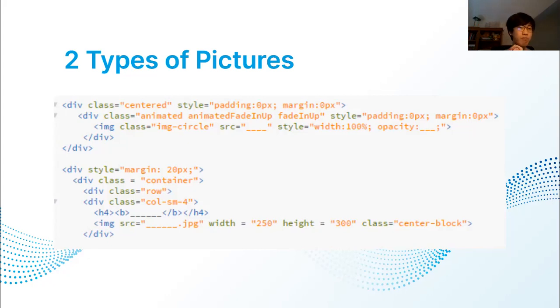Just mess around with these and try to see exactly what changing the margin does to the width and the height. Look up the different classes like center block, or the different ways that you can place your picture on the page. I chose center block. Try to look up what row and column -sm-4 mean.